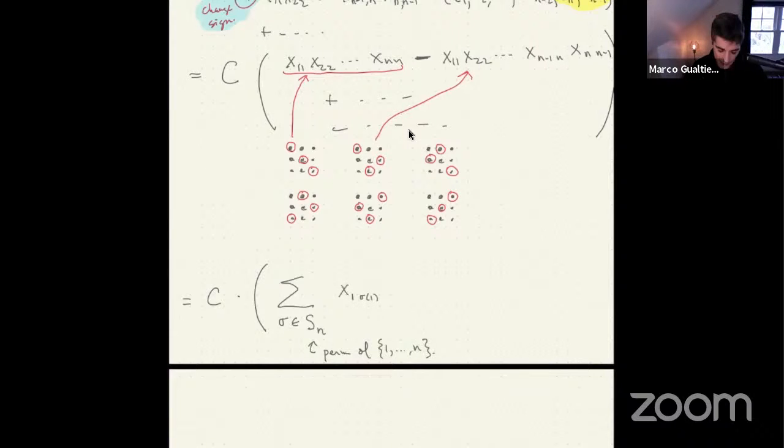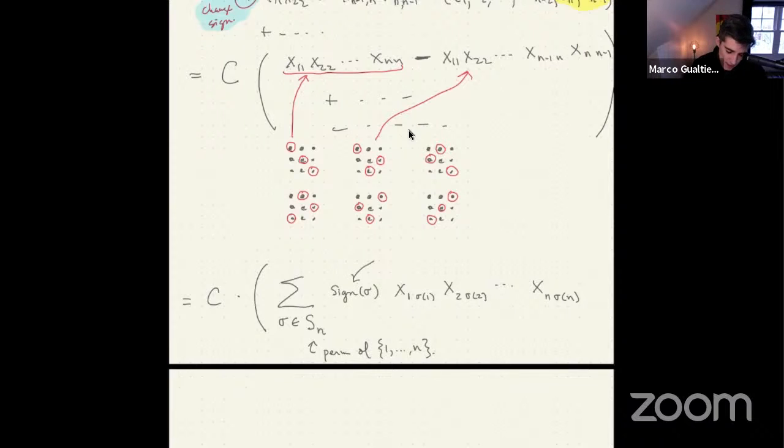That's the component you take. From the second vector, you take sigma of 2. And from the last vector, you take sigma of n. Okay, and then you need to multiply this by a sign. You need to multiply by the sign of the permutation.